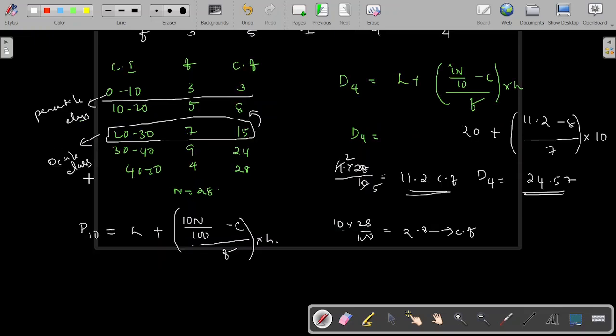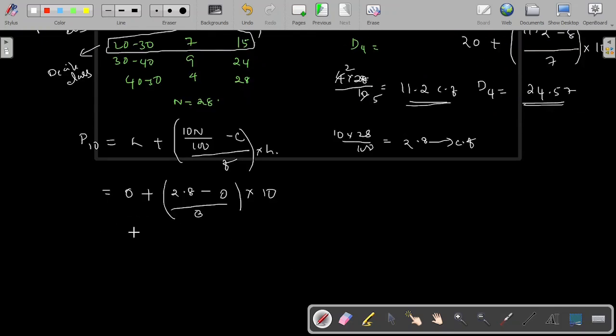So what is the lower limit of the percentile class? 0 plus this value, 2.8 minus the cumulative frequency just before the percentile class. This itself is the first percentile class, so just before this there is no cumulative frequency, which is taken as 0, divided by the frequency of the percentile class, 3, into the width of the class interval, that is 10.